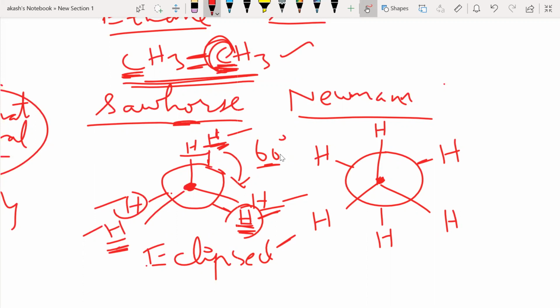But in the previous case, looking from the front, I was able to see only 3 of the hydrogen atoms. This conformation is called the staggered conformation. This is eclipsed, when we are able to see only 3 of them. If you're able to see all 6 of them, it is called staggered conformation.